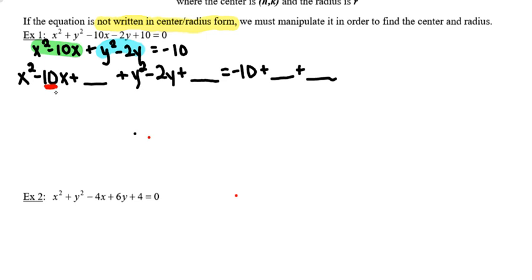When I square negative 5, I get positive 25. And that's the number that I'm going to add to both sides. I'm going to now do this same exact process for the y values. So half of negative 2 is negative 1. I square negative 1 and get positive 1. And I add that value to both sides.